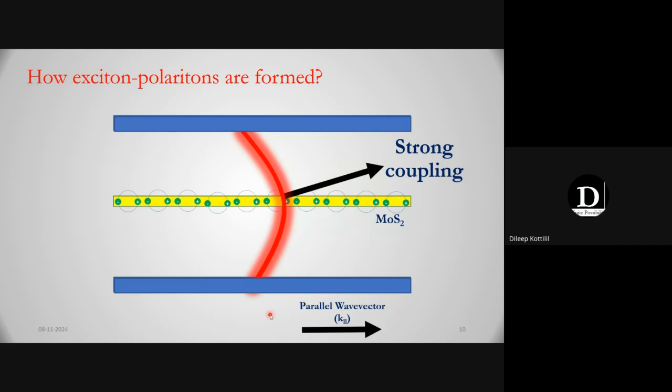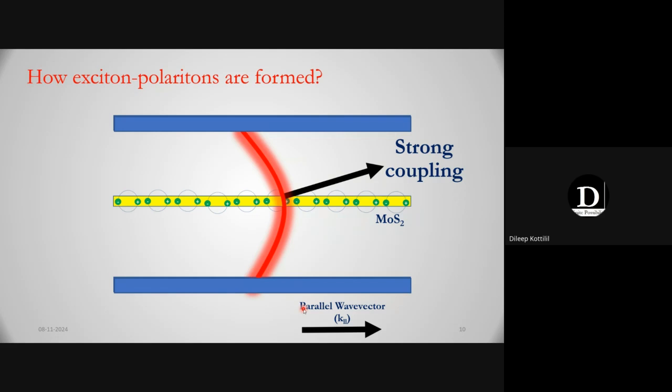Now, in order to do such a measurement, we need some parameters called in-plane wave vector and out-of-plane wave vector. The in-plane wave vector is going to be very important, because this also represents the angle of emission of the exciton-polariton, because the in-plane wave vector, as you know, is proportional to the sine of the emission angle.